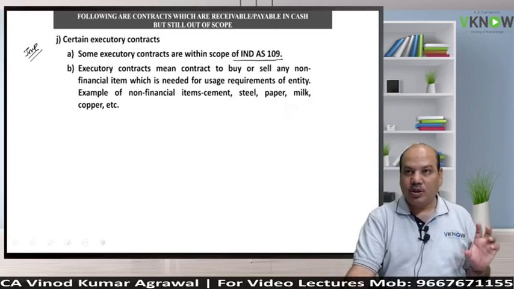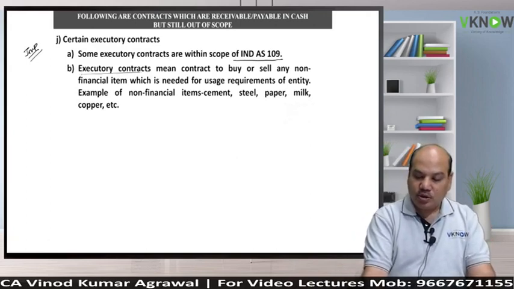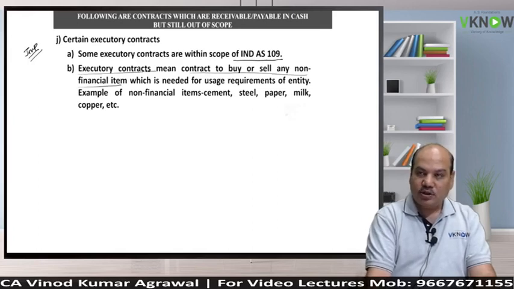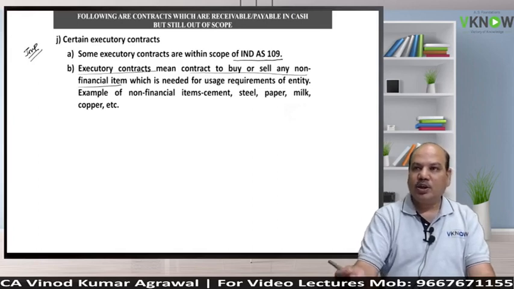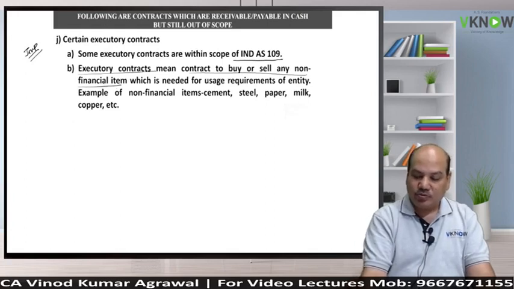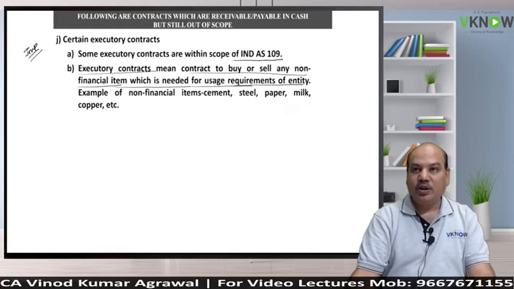Now what do you mean by executory contract? Executory contract usually means a contract to buy or sell a non-financial item. I have placed an order to purchase wheat after 3 months. That is an executory contract which is intended for the usage requirement of the entity.